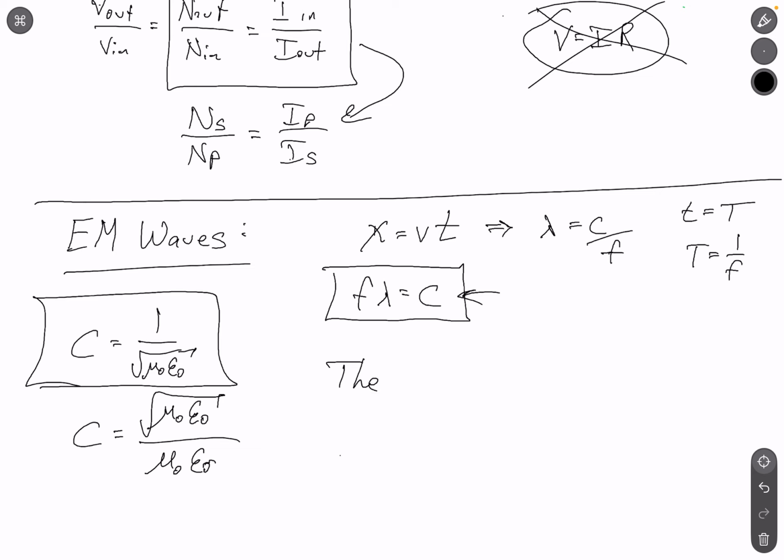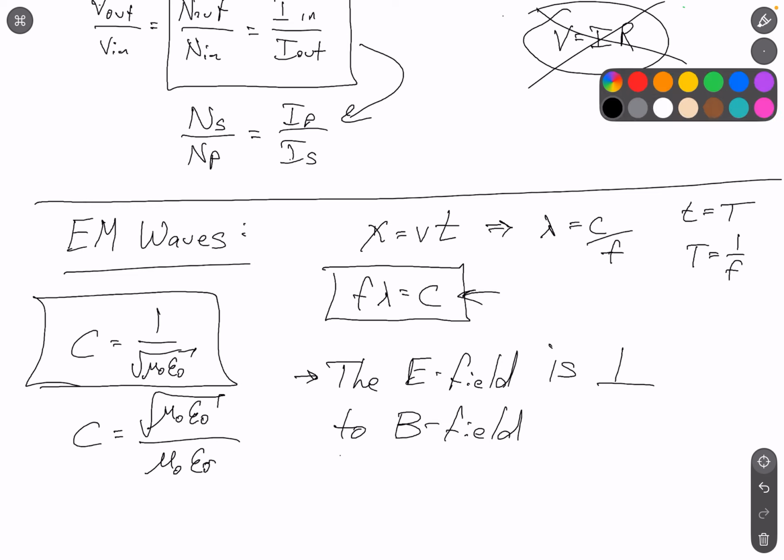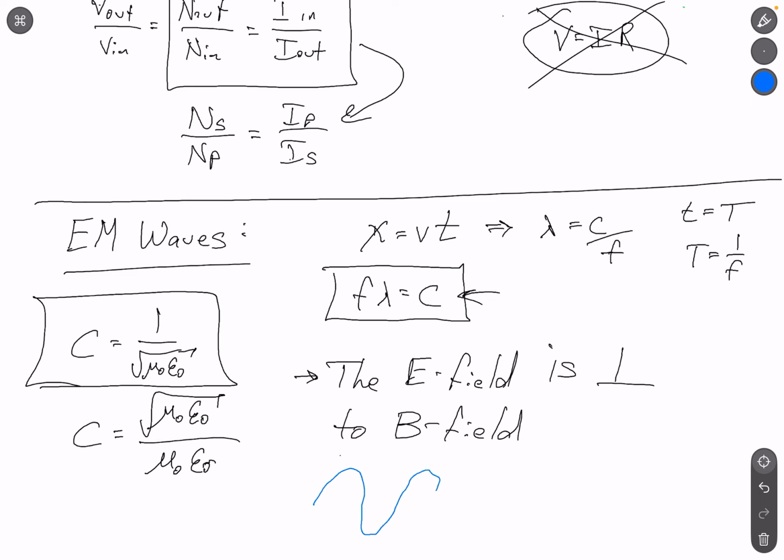A nice thing to remember is that the E field is perpendicular to the B field. Okay? So I'm going to draw my E field up and down. That's my E field.